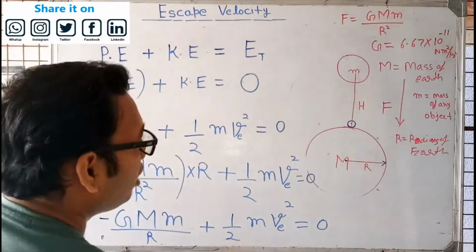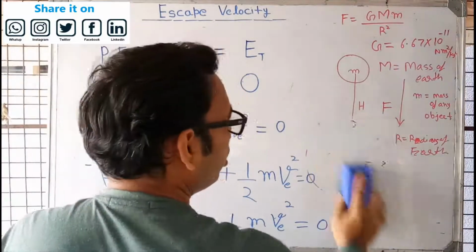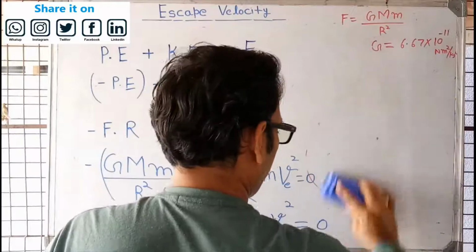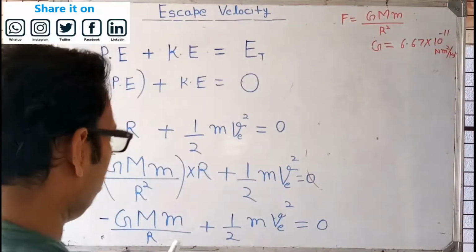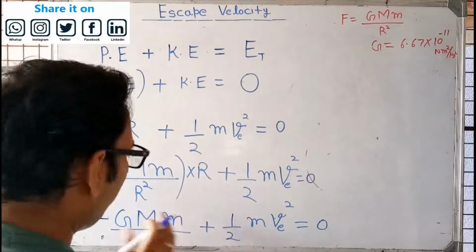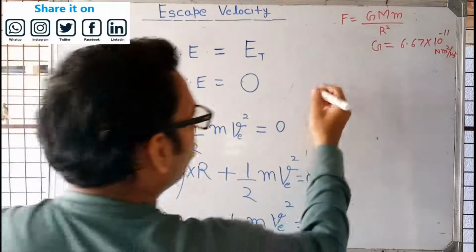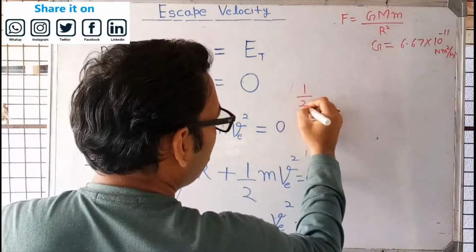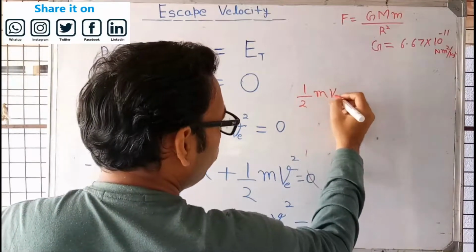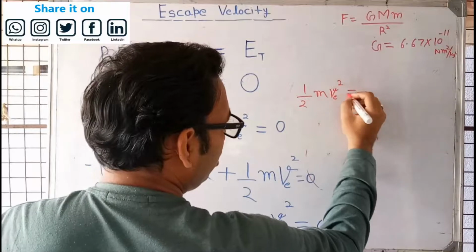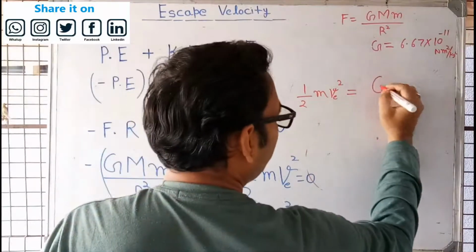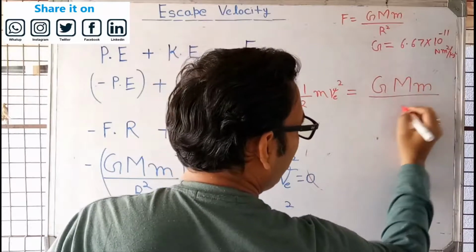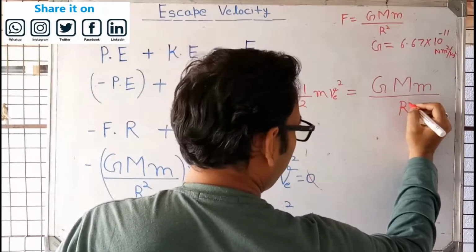Now we will solve this equation again. I am deleting this portion. We'll take this to this side, so half m ve squared is equal to capital G, capital M, small m divided by capital R.